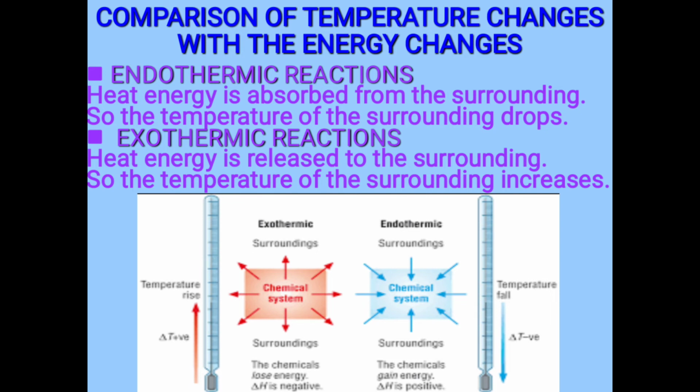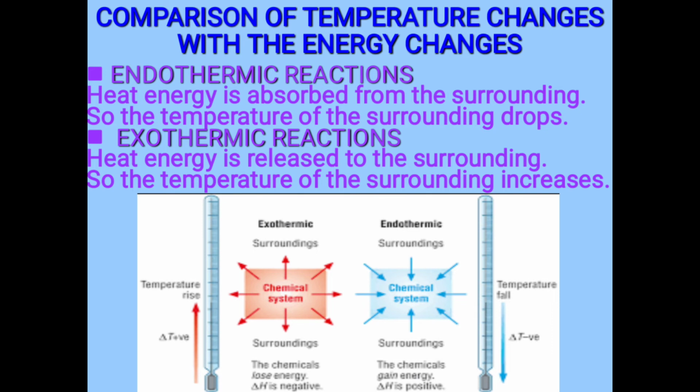If you try to consider this diagram here, we have already said that in an exothermic reaction, heat energy is released to the surrounding. And the temperature of the surrounding is going to increase. Reason being, there is an addition of heat energy. So the temperature is going to increase. And therefore, the ΔT, temperature change, is going to be positive.